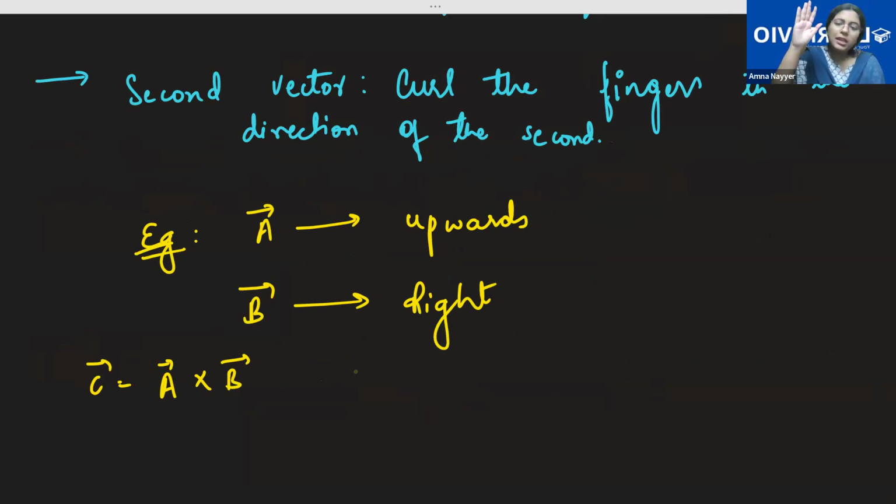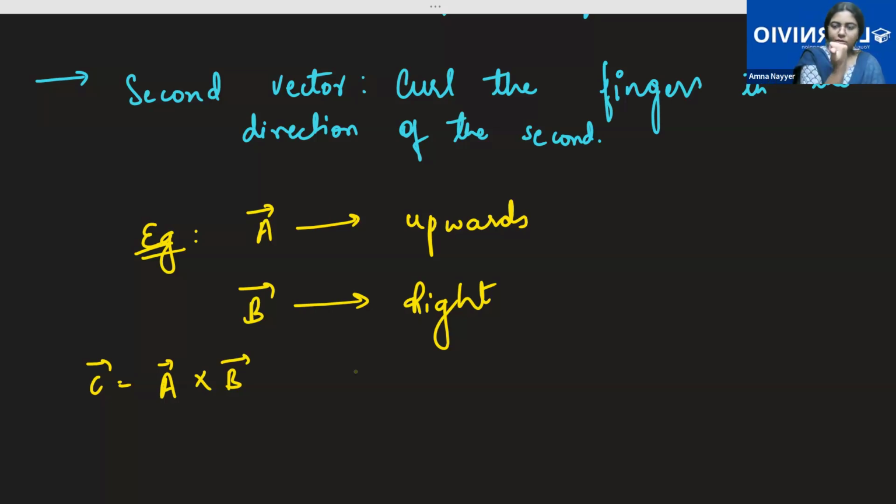But there can be many positions of the palm. This is also up, this is also up. All of these positions are up. So that will be determined by B. It is towards the right. Now, if I put my palm like this, I can't curl it backwards, right? Or if I put it like this, I can't curl it like this, right? When I put it like this, then only I'll be able to curl it towards the right.